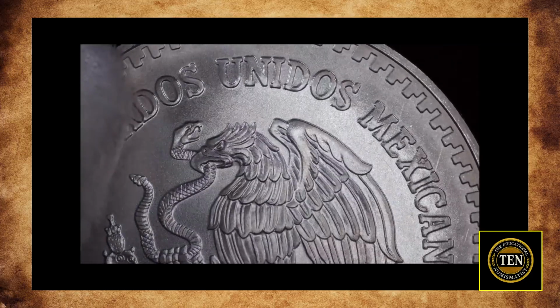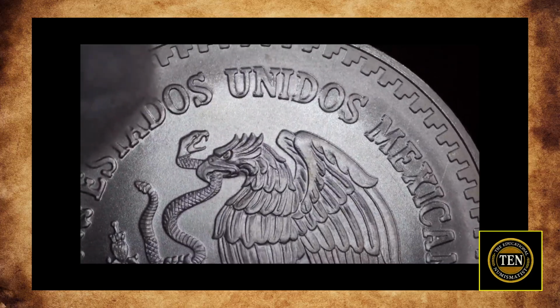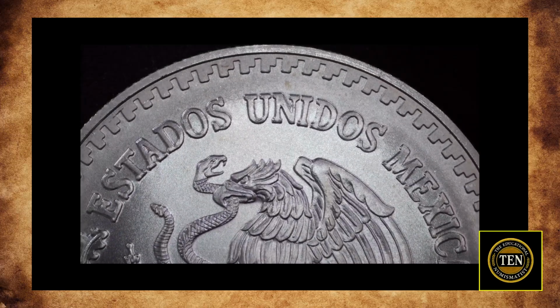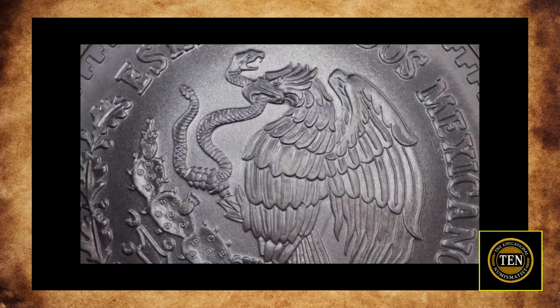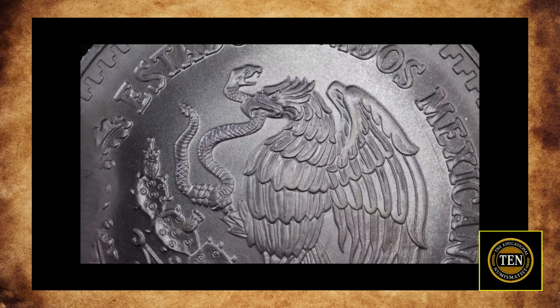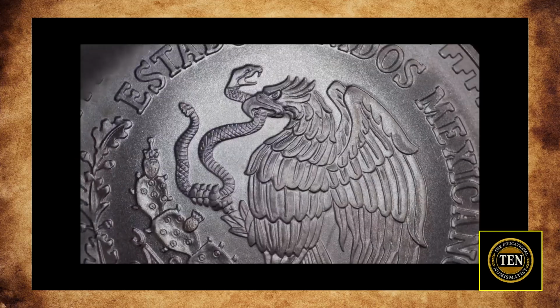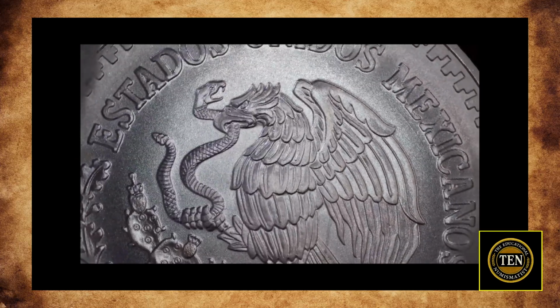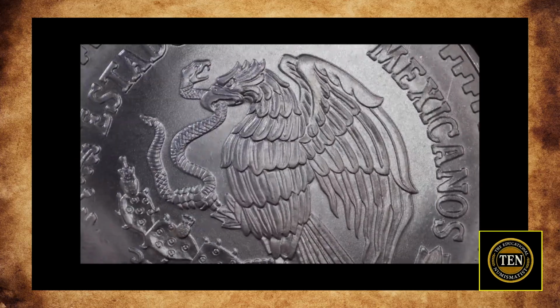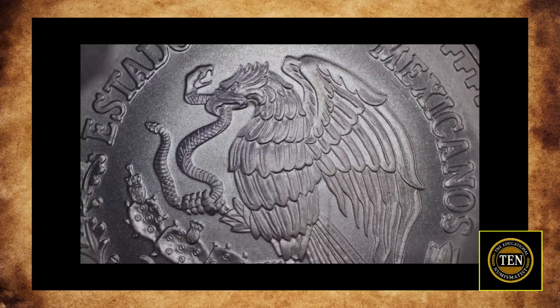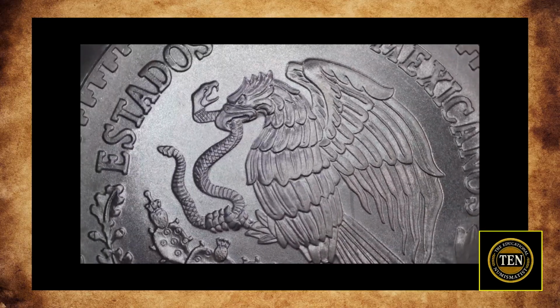Now, let's check out the eagle's breast. Within the eagle's breast and the feather detail, the surface remains orderly. I see nothing really that stands out. We've got maybe minor ticks and abrasions here and there, but they're distributed.